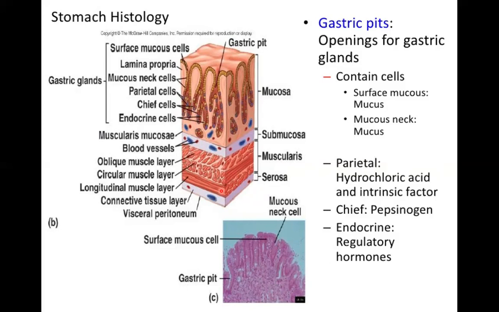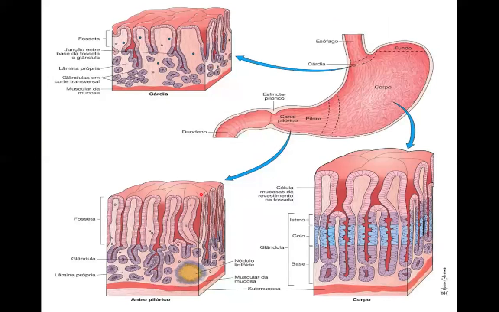Here we stop at the middle circular layer, because at the pyloric region it becomes hypertrophied, forming the pyloric sphincter. So the pyloric sphincter is from the middle circular layer of the muscularis externa. The outermost layer is the serosa, meaning the stomach is completely covered by serosa.